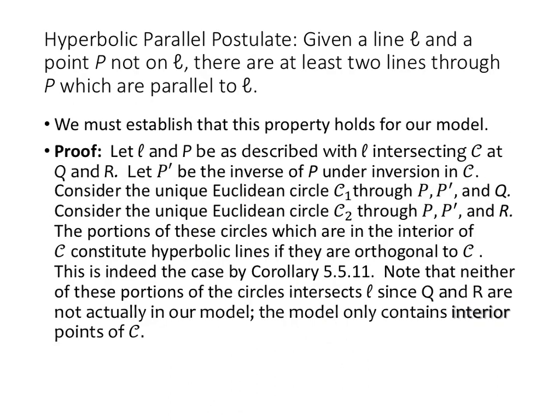So let's have a look at the hyperbolic parallel postulate, which, as we just mentioned, says that given a line L and a point P not on L, there are at least two lines through P which are parallel to L. So we want to show that this property holds for our interpretation. Here on the slide, you see this proof, which you can pause the video and look at if you want, but I think maybe the best thing for us to do is to look at a picture.